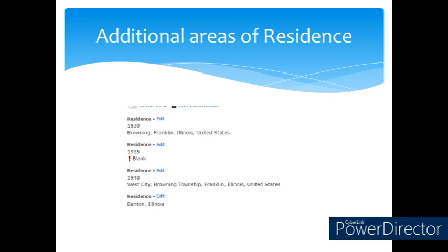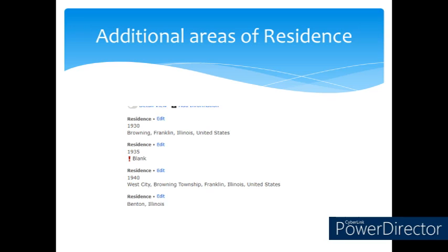Next, we want to look at the additional areas of residence. It's possible to attach a location every time a new source is attached. However, these locations are not used by the computer searches. They are only used by continuing researchers to understand where the sources will likely be found.